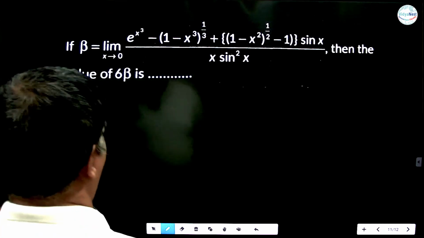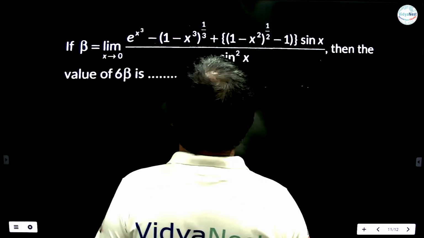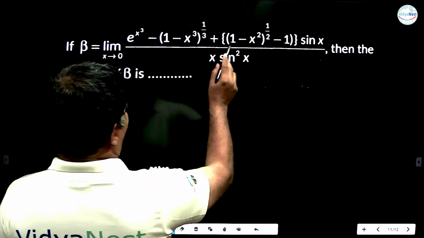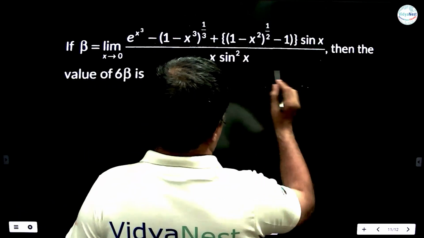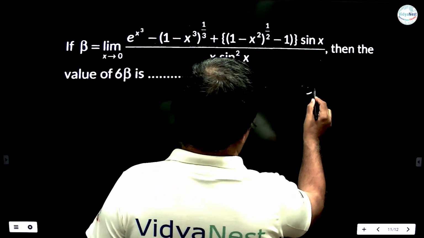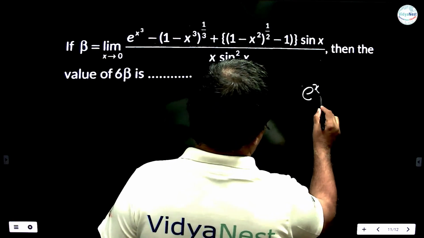We know the binomial expansion and the expansion of the exponential e to the power x.